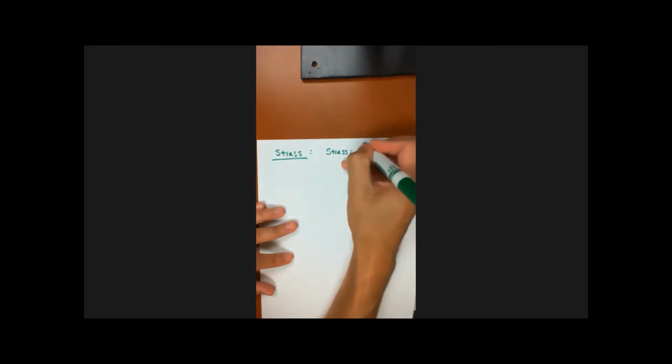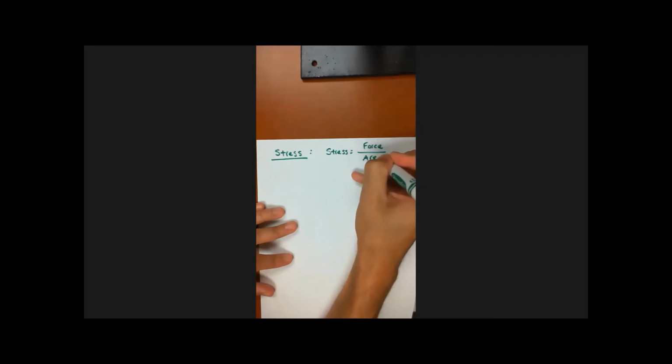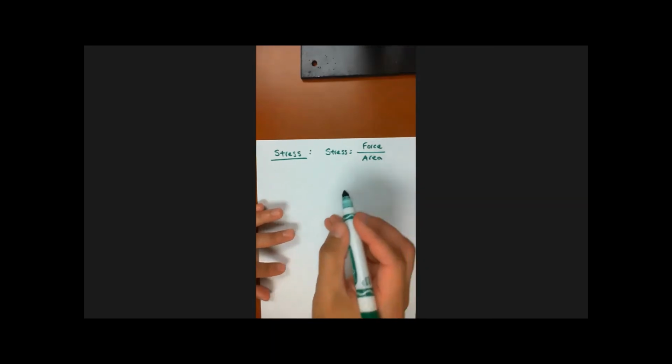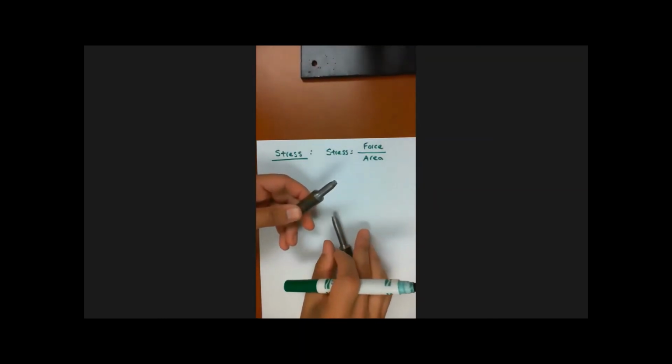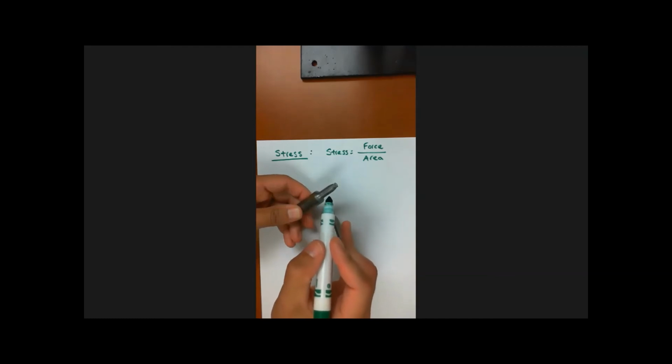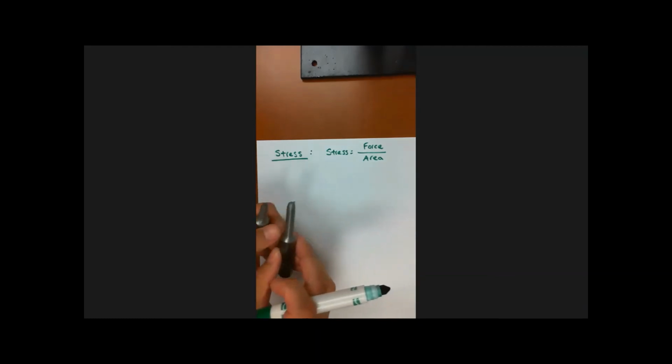So stress is equal to force divided by area, and the area I mean is the cross-sectional area. If I take this specimen right here, I would want to measure the cross-sectional area of the test section right here. And that's the area that we're talking about.